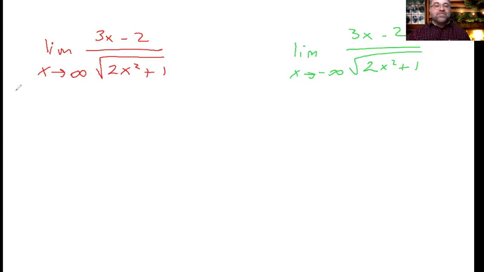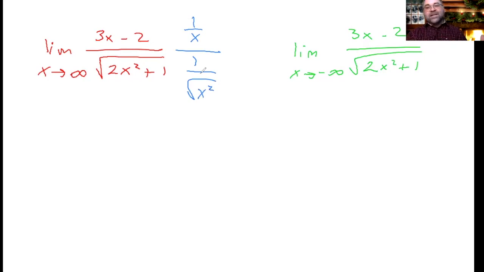We're going to do the same kind of thing. We're going to multiply by 1. This time, in the numerator, 1 over x will work just fine. 1 over x works in the denominator as well, but I'm going to make it 1 over the square root of x squared. That's still 1 over x, right?